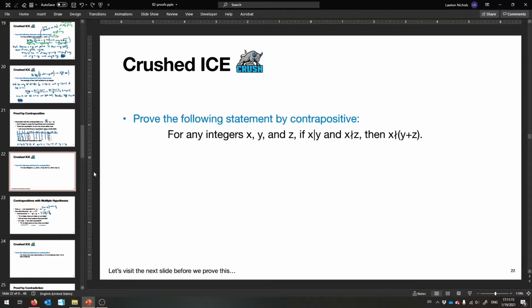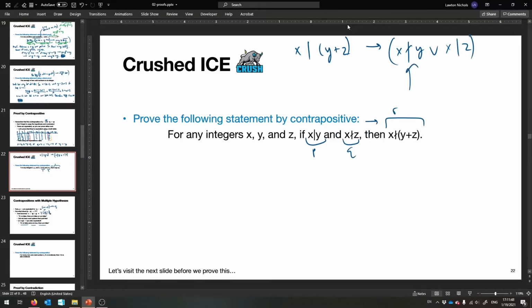So the normal contrapositive way would be: here's my P, here's my Q, here's my arrow, and here's my R. Normally I'm going to negate R, so x does not divide y plus z implies, okay, it's not true that x divides y, so x does not divide y, or it's not true that x does not divide z, so x divides z.